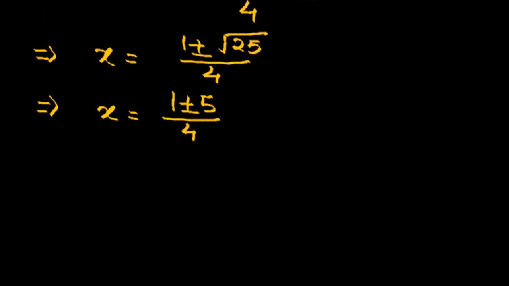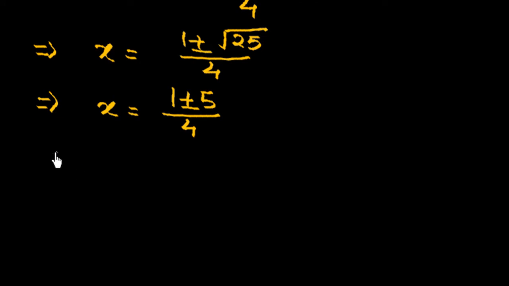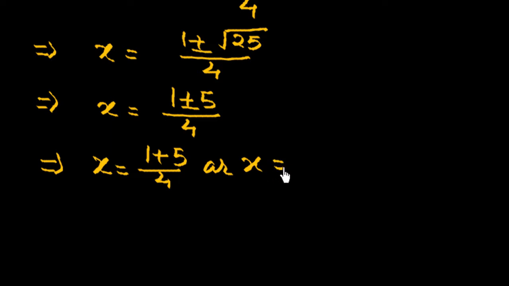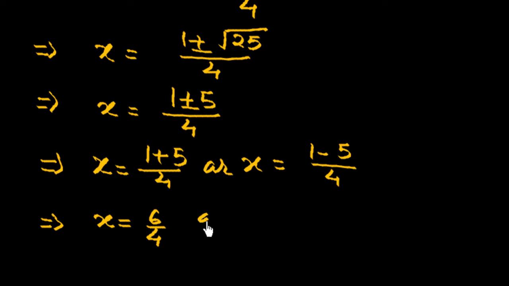Now we take the positive sign, then the negative sign. This implies x is equal to 1 plus 5 over 4 or x is equal to 1 minus 5 over 4. This implies x is equal to 6 over 4 or x is equal to minus 4 over 4.